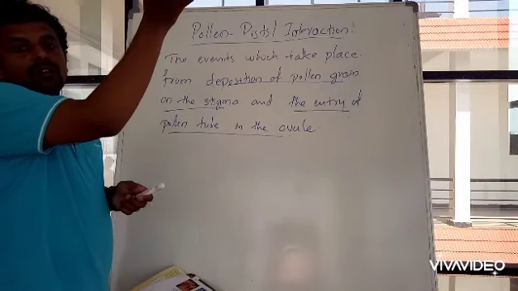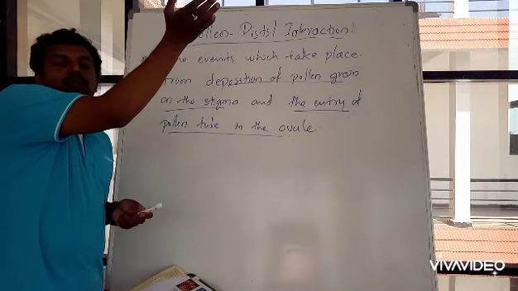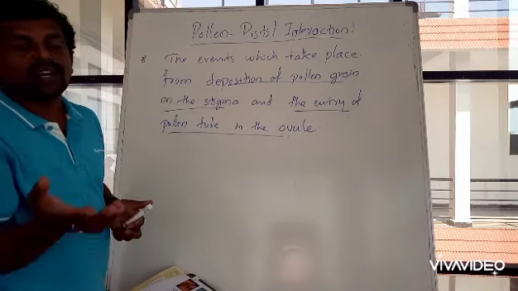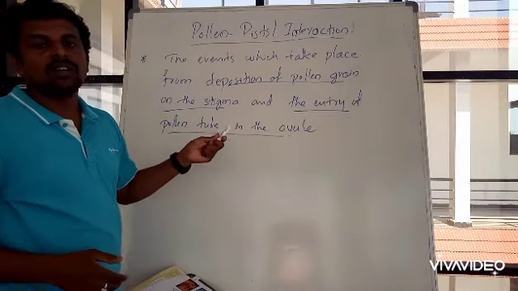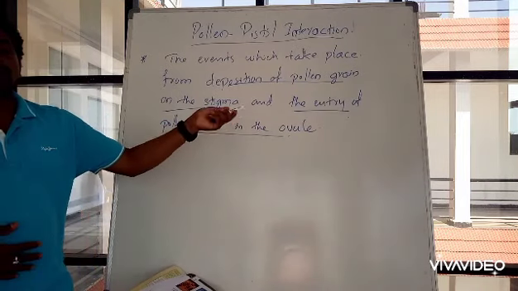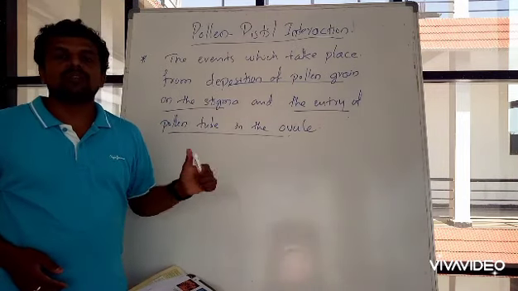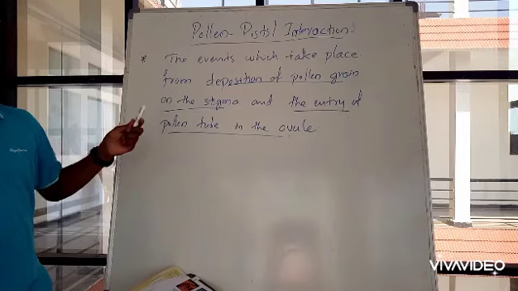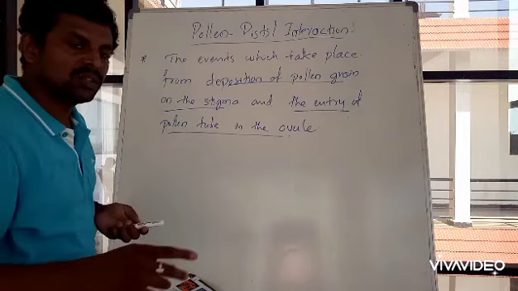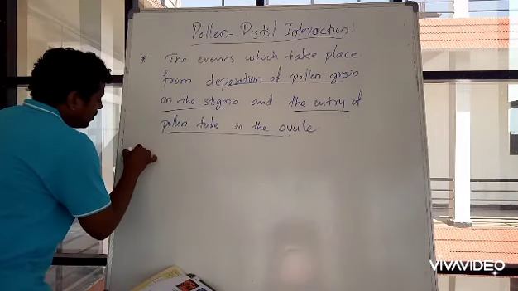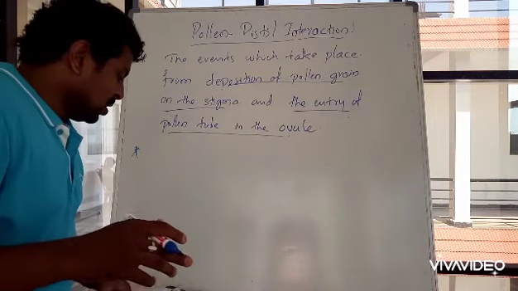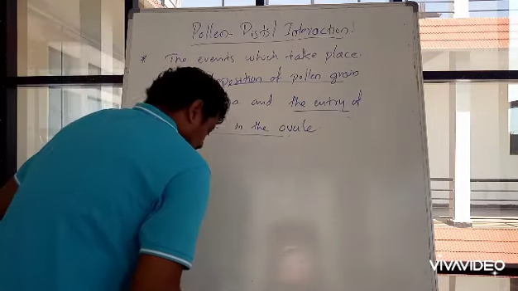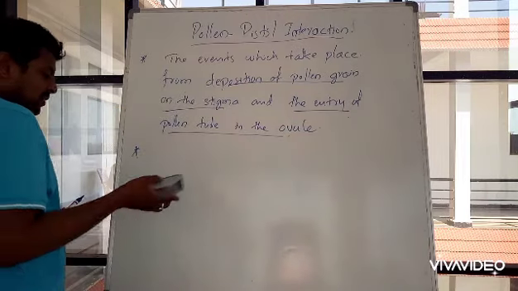Or, from the pollen grain falling on the stigma until the pollen tube reaches the ovule, those events are called pollen pistil interactions. Several kinds of pollen pistil interactions will be there, so we will study them one by one.